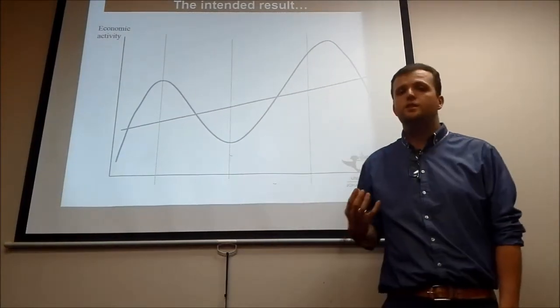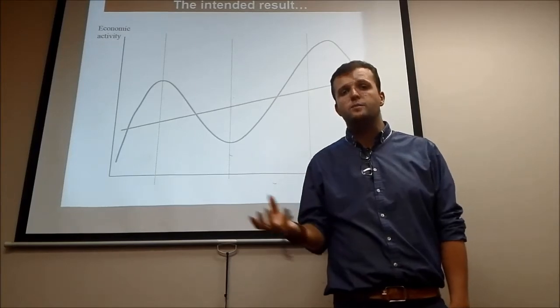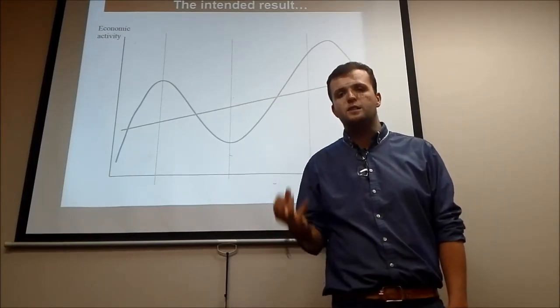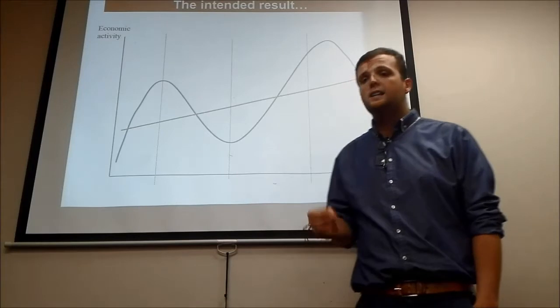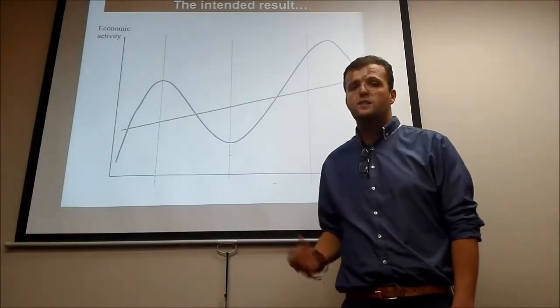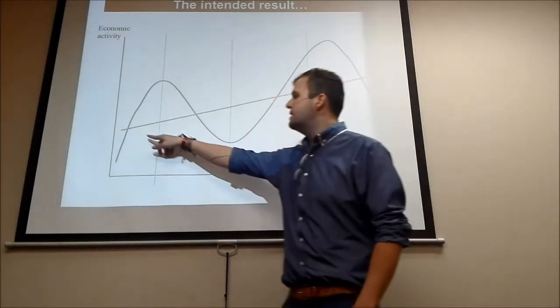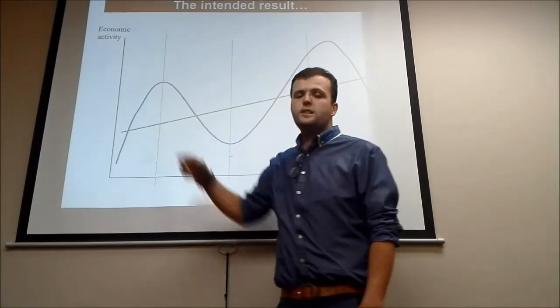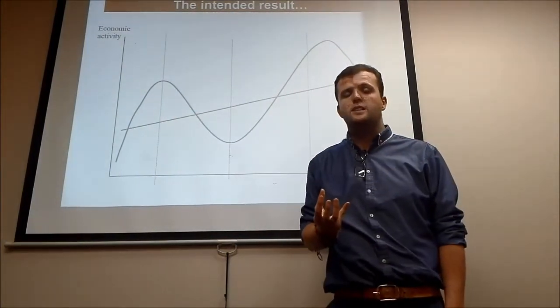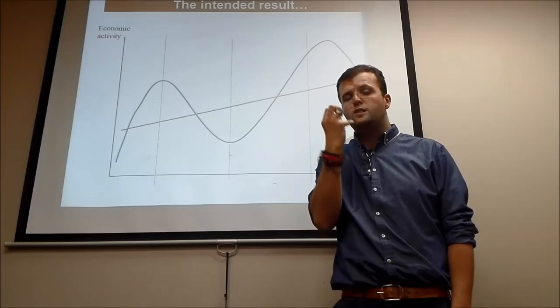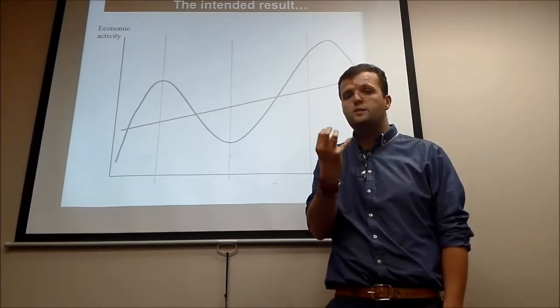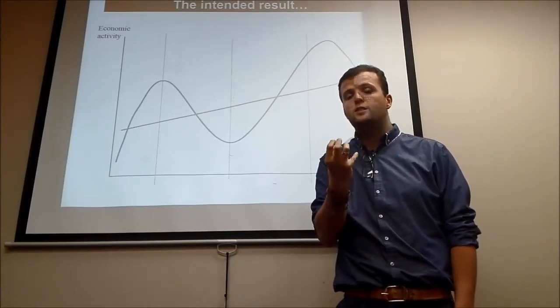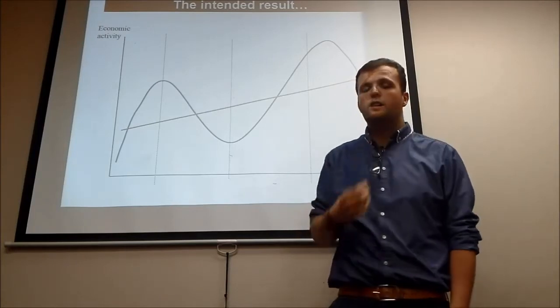Policy is used to infiltrate the market or the economy and make these upswings and downswings as small as possible. And they do that to be counter-cyclical, meaning if your economy is in a boom phase, your policy is restrictive. Okay. Your policy is trying then to decrease the economic growth, or not decrease the economic growth, but confine it to some degree. Okay, so that's how they are counter-cyclical.